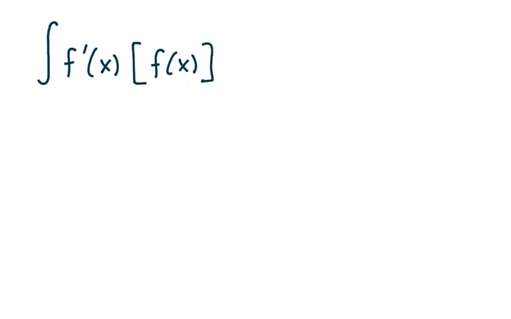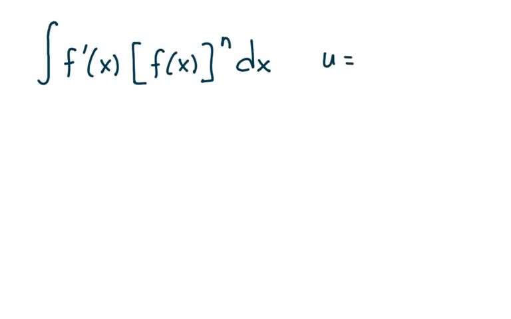So let's come over here. Suppose I have the integral of f prime of x times f of x raised to the nth power dx. So in my mind, I'm doing a u substitution. We could write it down for now, which is fine.